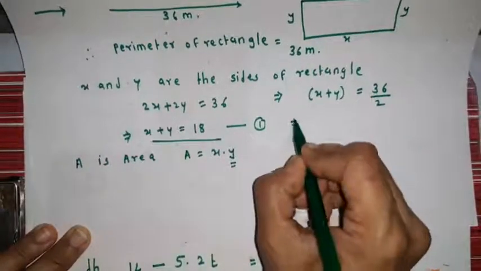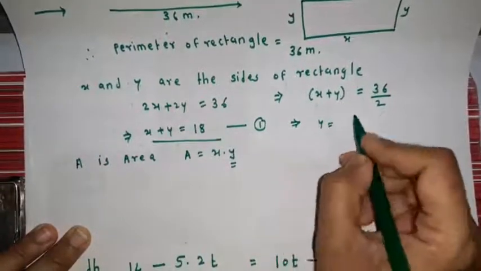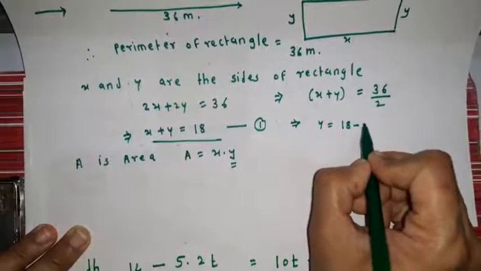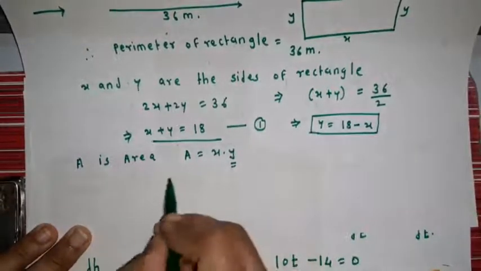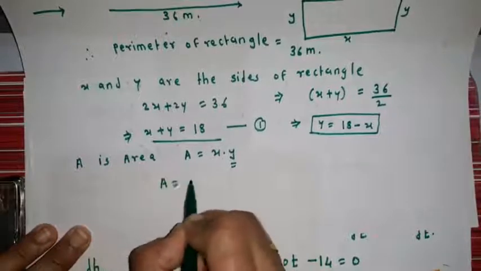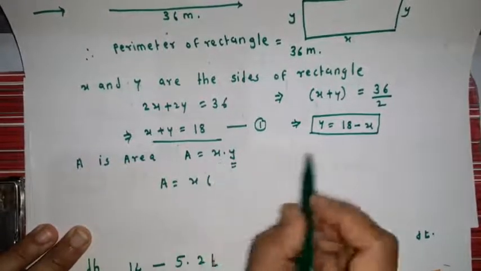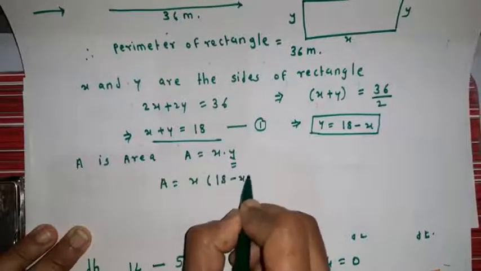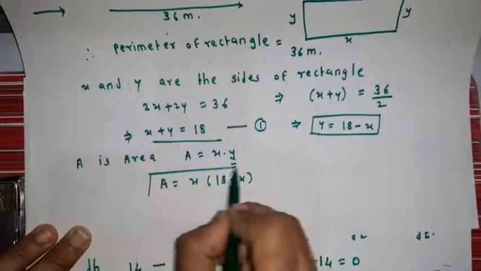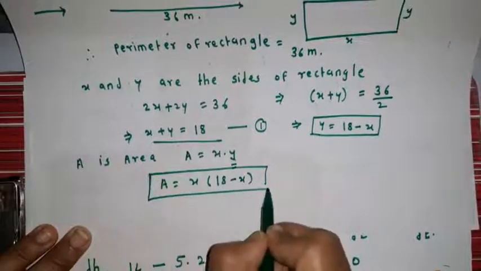From statement 1 we get y equals 18 minus x. Therefore the area becomes x into 18 minus x, and this is the formula for the area of the rectangle.